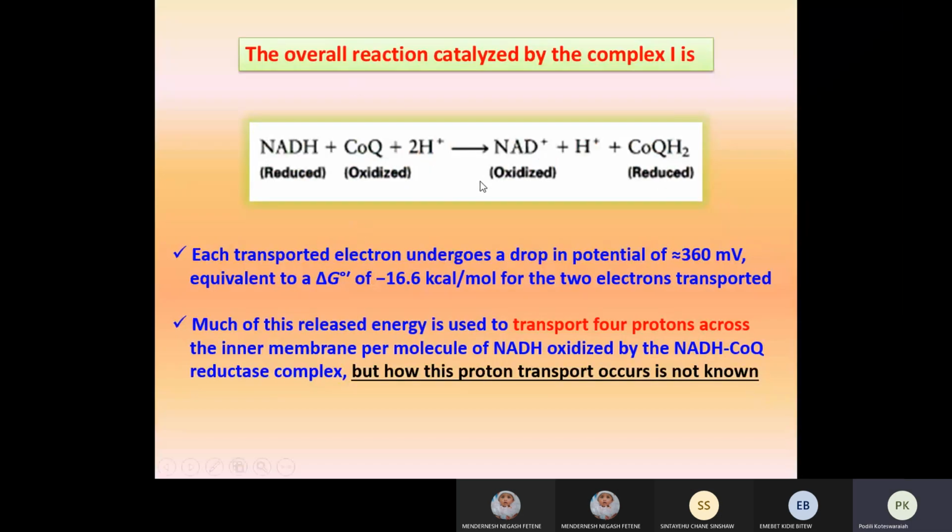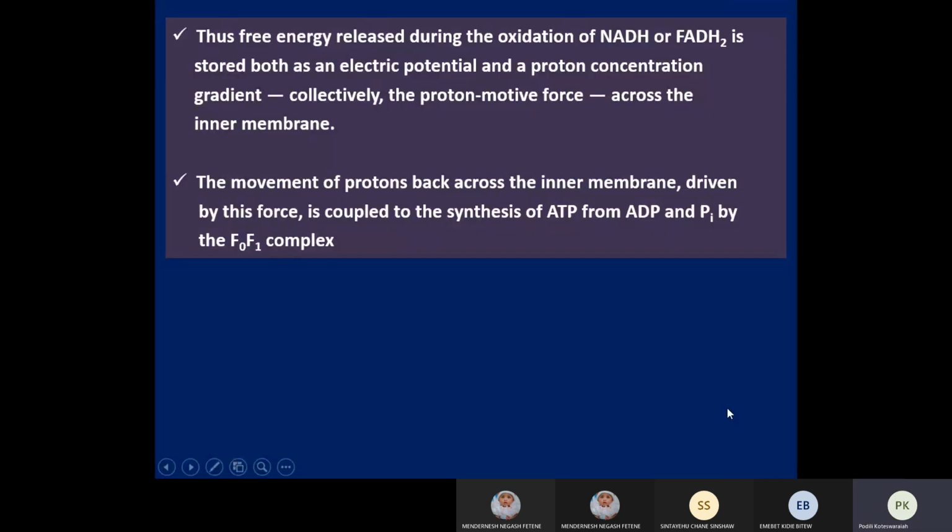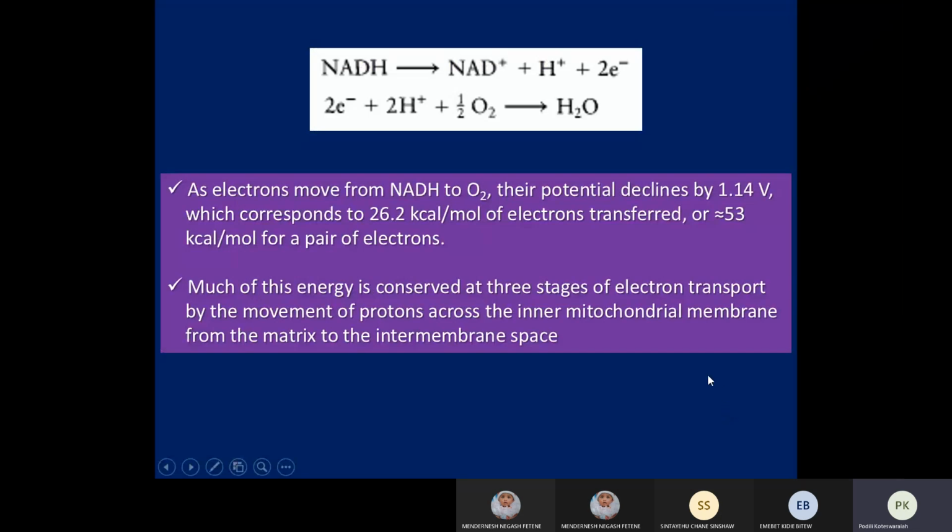So the net reaction is that NADH donates its electrons and undergoes oxidation to NAD+, whereas the ubiquinone undergoes reduction to ubiquinol. This is the net reaction that takes place at complex 1. During this process, four protons are translocated across the membrane, but how this proton transport occurs is not clearly known. So that's what takes place in complex 1.